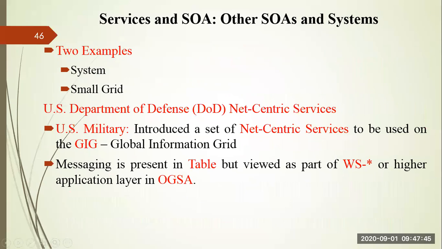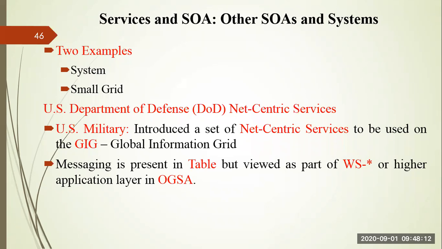There are two live demonstrations you can search. One is an example of a service-oriented architecture; another one, a small grid, is also an example of a service-oriented architecture. If you see one of the examples, like the US Department of Defense, they have coined net-centric services, and the US military is using this.